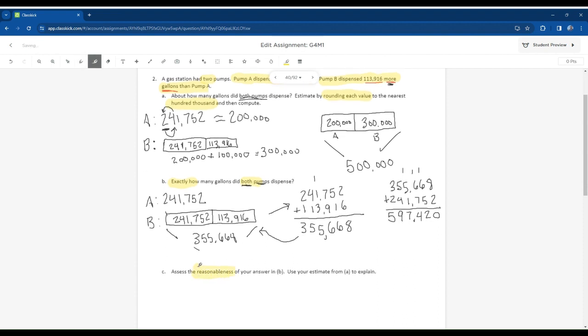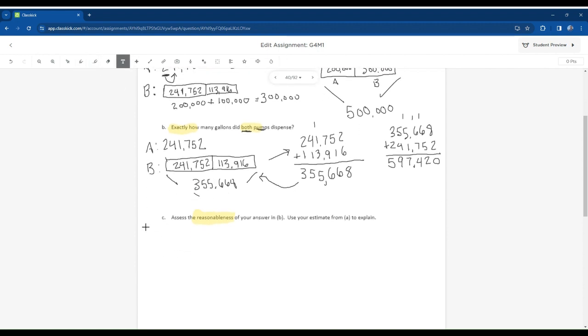So in letter C, where it says assess the reasonableness of your answer, this one doesn't work out quite as nicely as letter A because our estimated amount of 500,000 is much less than 597,420. So our estimate is still decently reasonable, but not quite as much as we would like.